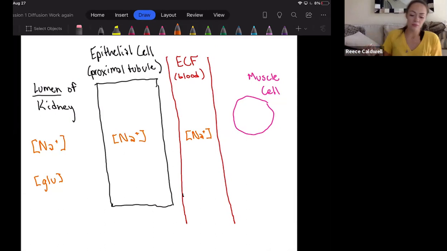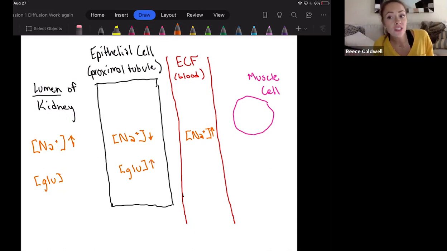Relative to the epithelial cell, we know that sodium is always going to be in higher concentrations outside of the cell and lower concentrations inside of the cell. However, glucose is unique to epithelial cells in that it's more concentrated inside of epithelial cells.